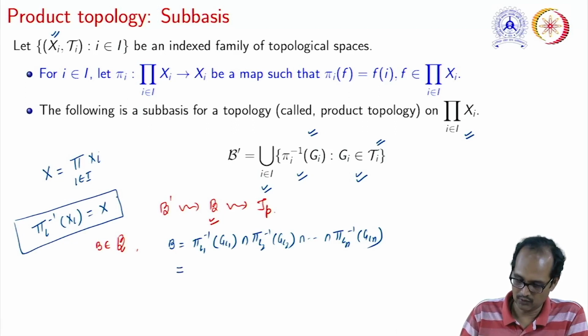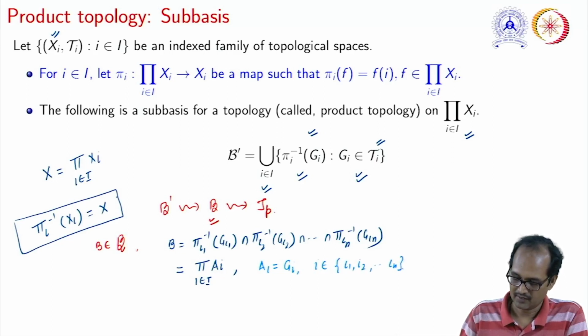This will be equal to the product of some sets Ai, i belongs to I. And how will this Ai look? Actually, this Ai will be Gi if i belongs to the set {i1, i2, up to in}, and this Ai will be equal to Xi otherwise.